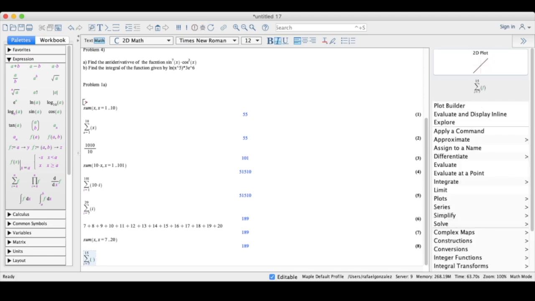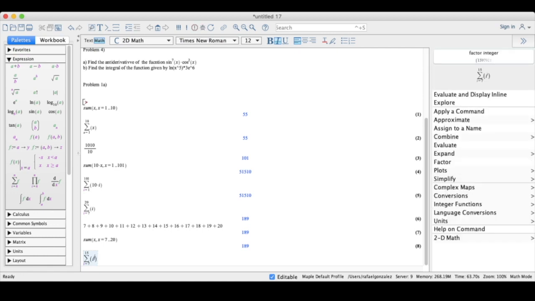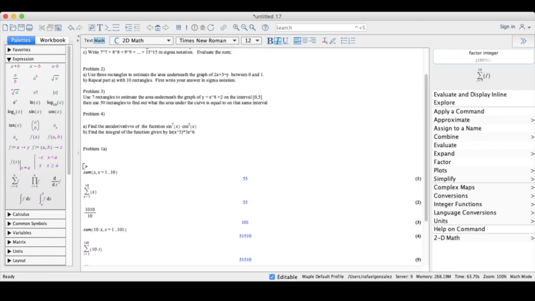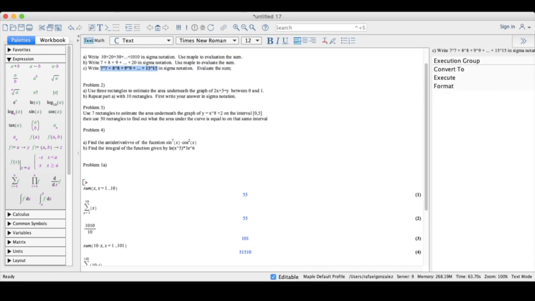And now instead of having I, I'm going to have I to the I. So if we do the sum of I to the I, then the first I is going to be the base, and then we have an I in the exponent. So the first I is 7, so you're going to have 7 to the 7. Then the second I is going to be 8, so you're going to have 8 to the 8, all the way up to 15, which is precisely what we have here in this particular sum.